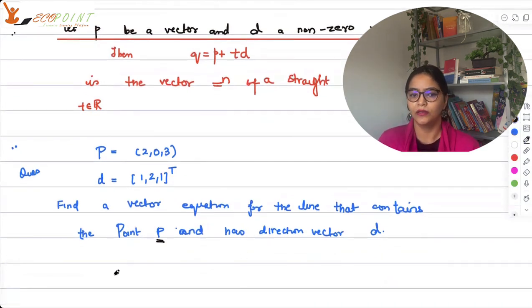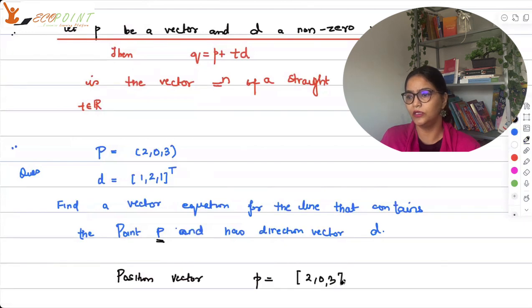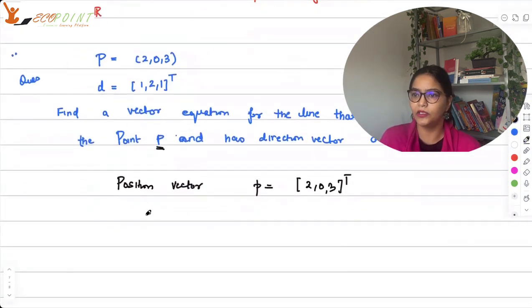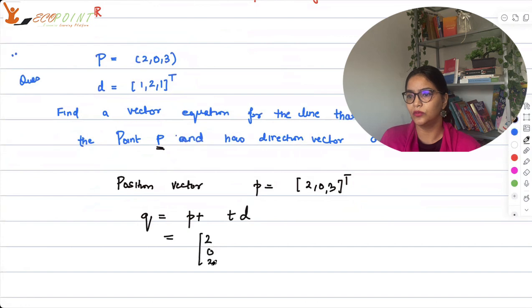Well, what will be your position vector? If the point is (2, 0, 3), the position vector P would be taken as the transpose of (2, 0, 3), and Q, for the vector equation of the line, is Q equals P plus t times D, that is (2, 0, 3) plus t times (1, 2, 1).